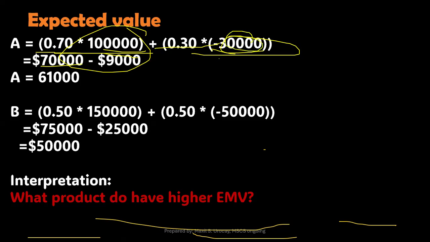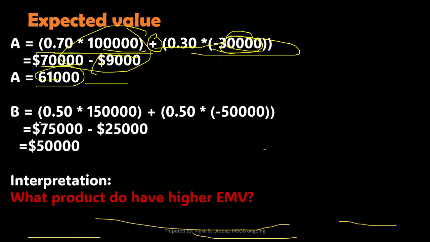Since this is a loss, 30% times 30,000 becomes negative 9,000. So 70,000 plus negative 9,000 is 61,000. That is your result for A.